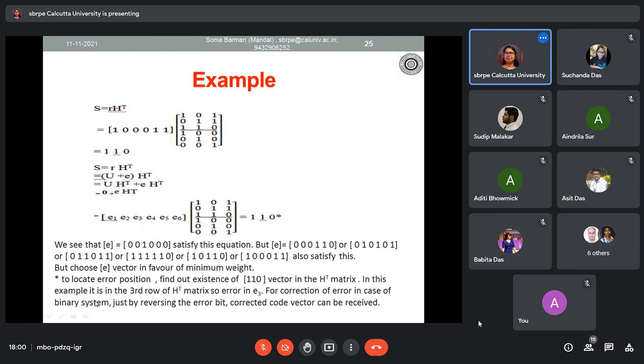Otherwise, you add the error pattern 001000 with the received code word 100011. Okay. So this is given here, you can easily go through it and obtain the transmitted code word.